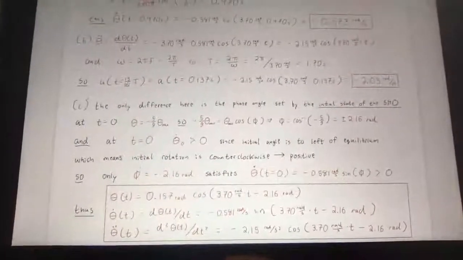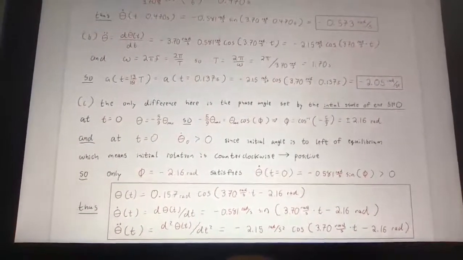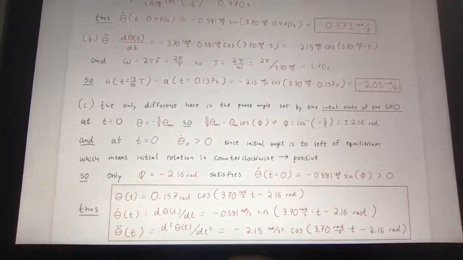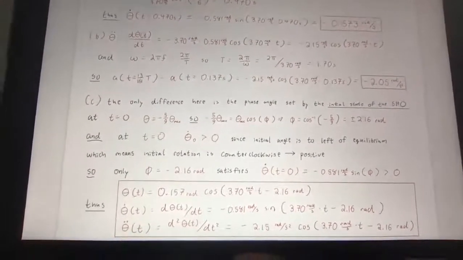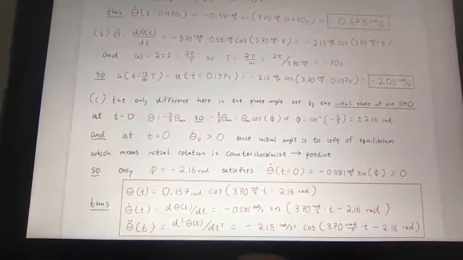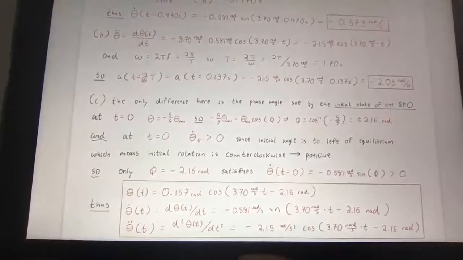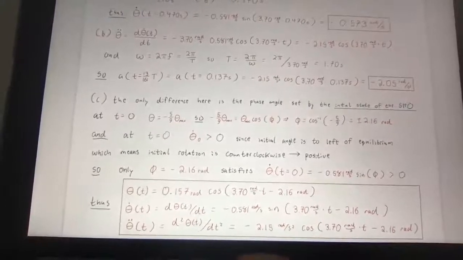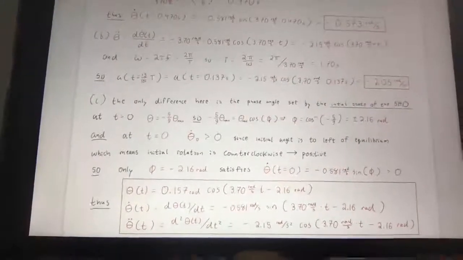I have a position function, which is the top one inside the box. The box is the 3 functions. I've got the velocity function, which is the middle one, and the acceleration function is the bottom one. And in each of those, you can see there's a non-zero phase angle. And that's what I want. I want you to write out the full function and show that, which will clearly show that you got the right phase angle.